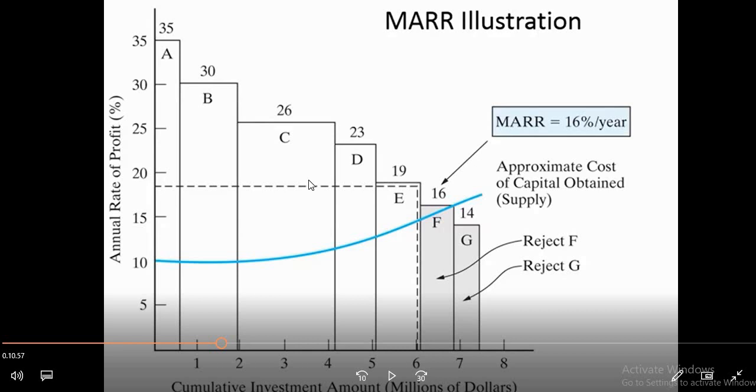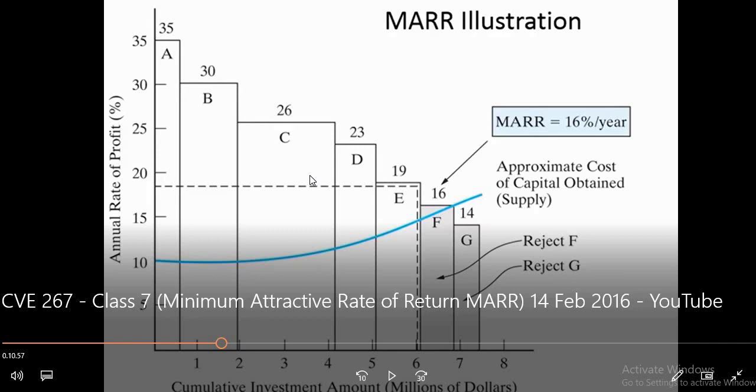Below this MARR value, the company cannot get money, or the company has a loss. So we consider this MARR for comparison in the internal rate of return method, the external rate of return method, or in different methods, comparing against this MARR value.